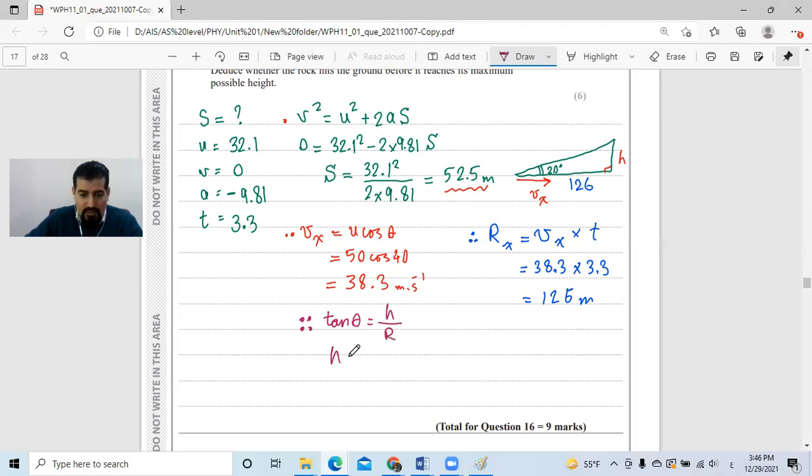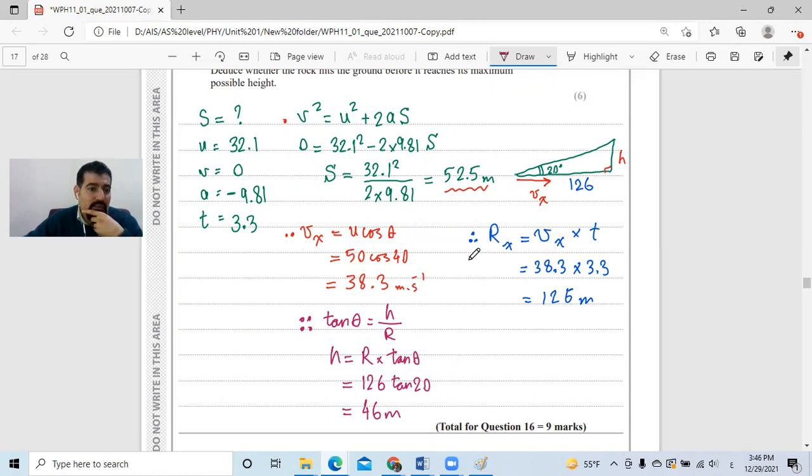We do cross multiplication, so height equals range multiplied by tan theta, which is 126 times tan 20, and the answer will be how much? 46 meters. Is 46 meters below or above the 52.5 meters? Yes, thank you, it is below.